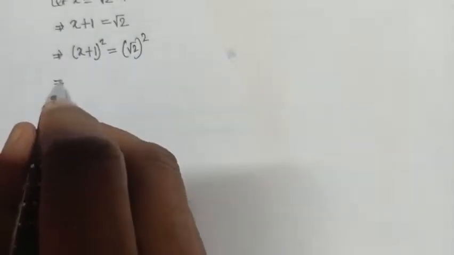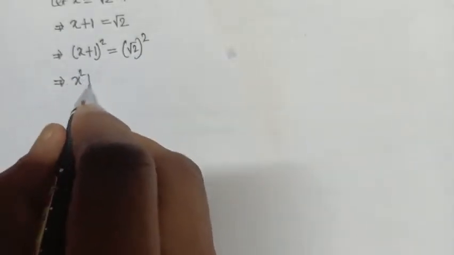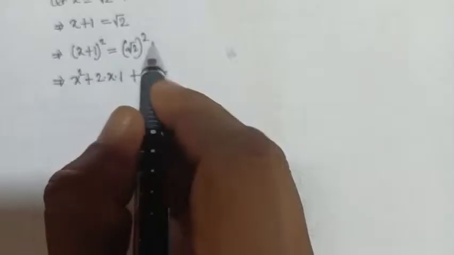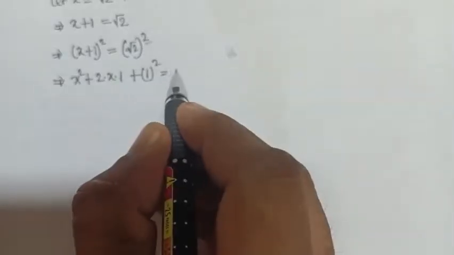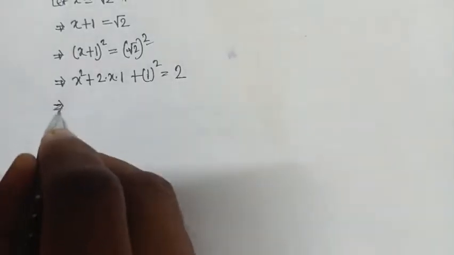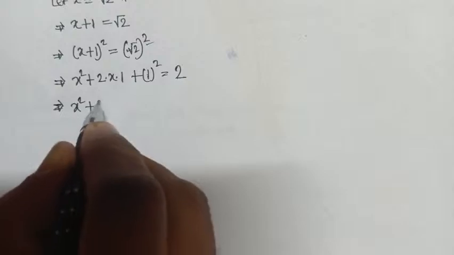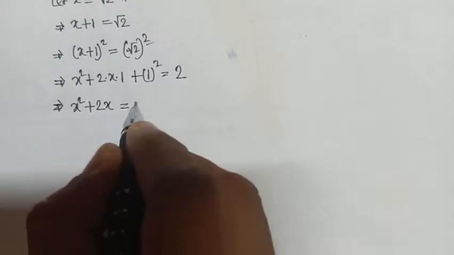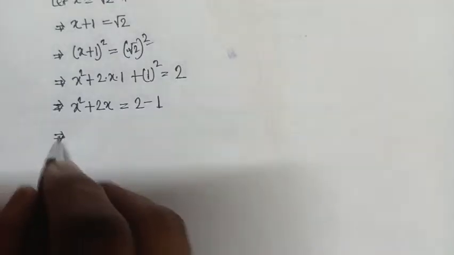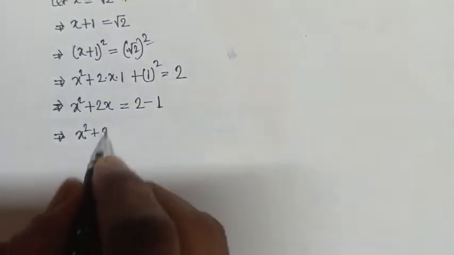So we get x square plus 2 into x into 1 plus 1 square, and here the square root and square will cancel out, we get only 2. If we move this 1 to the right hand side, we get x square plus 2x is equal to 2 minus 1. Then we can write x square plus 2x is equal to 1.